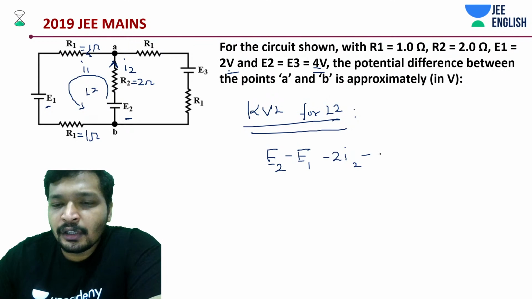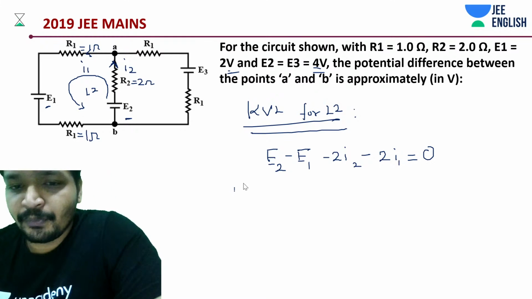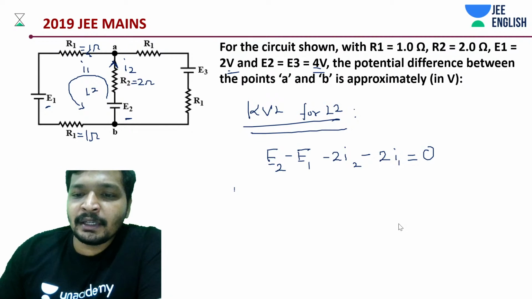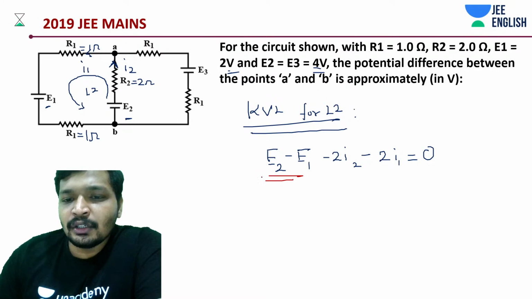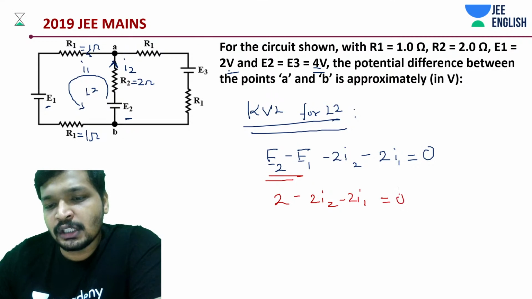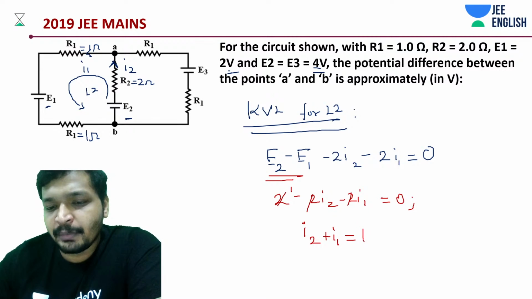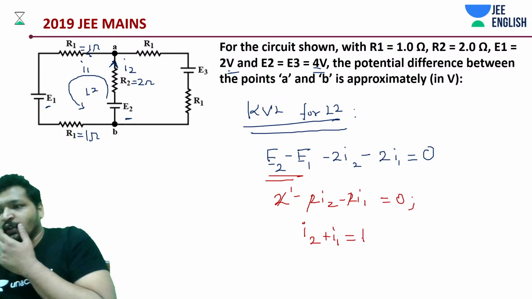Minus of 2 I1 is equal to how much? 0. I just told you what is E2 minus E1. That is going to be 2 minus 2 I2 minus 2 I1 is equal to 0. 2 gets cancelled out, which makes our life very easy again. And we have something like I2 plus I1 is equal to 1 ampere. Okay, that's what we have.